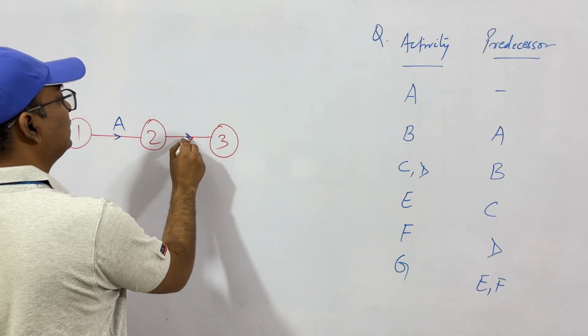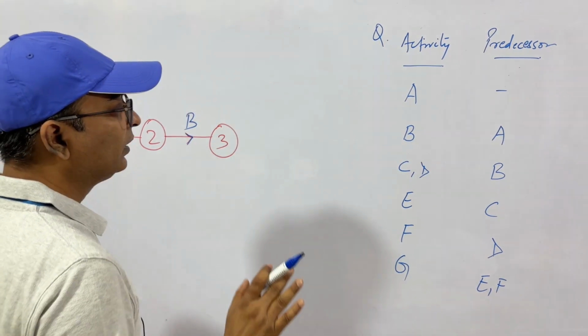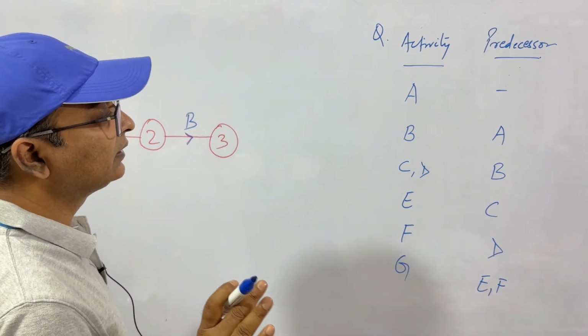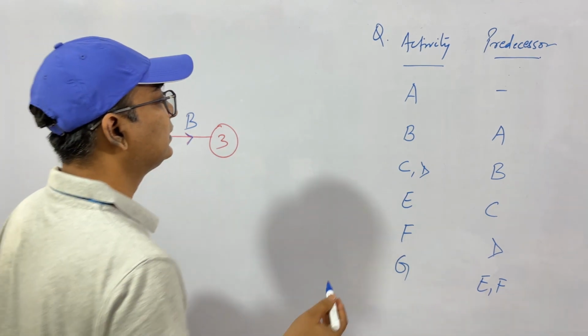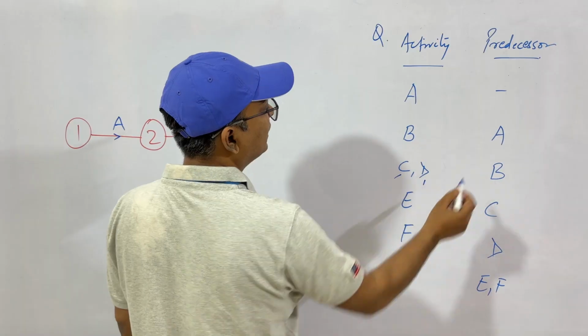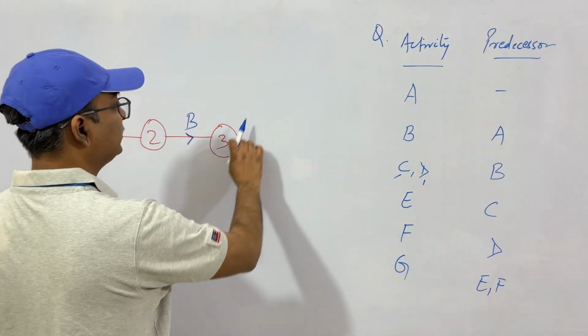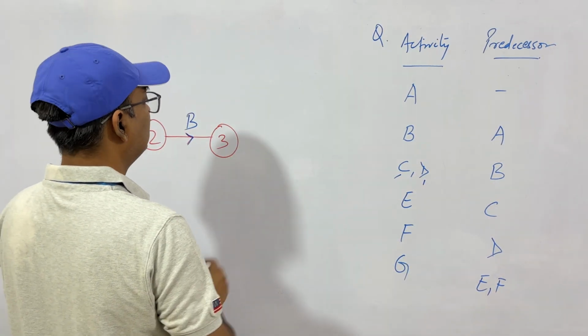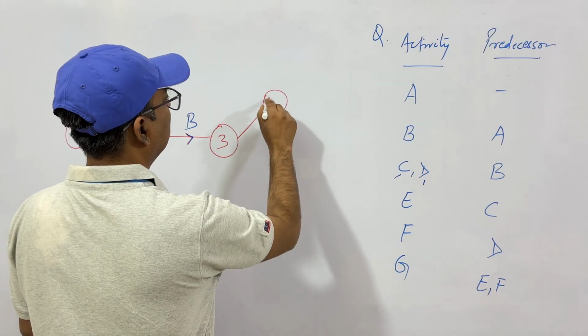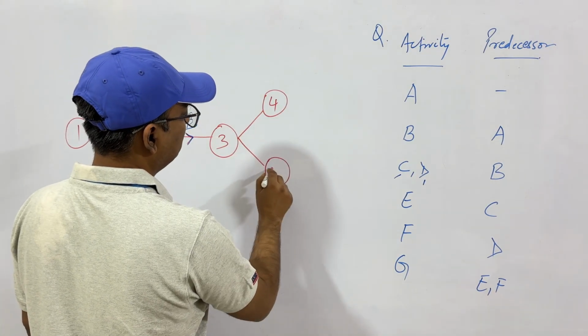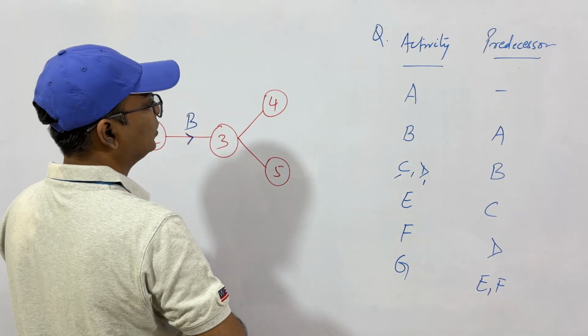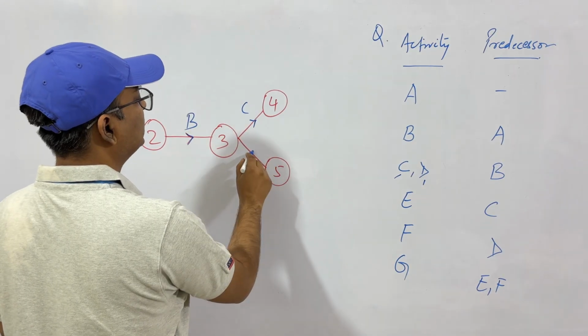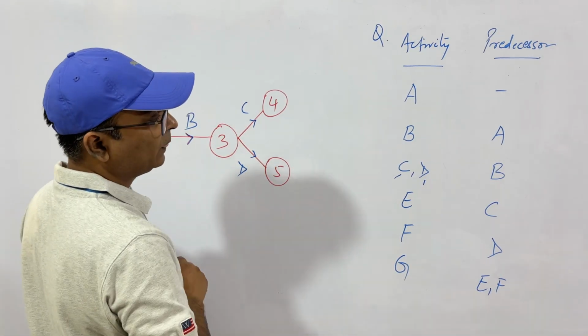Okay. B. Then C and D are two activities. These two activities start when B has already completed. So at this we'll have two activities. See, like this. So let this be C and this be D. Okay.